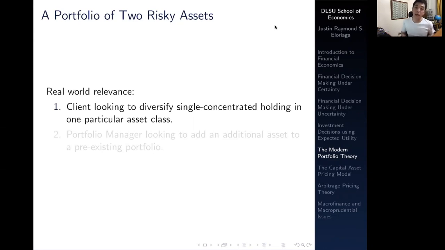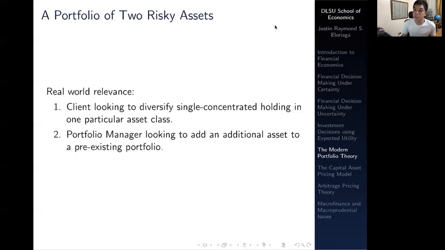Of course, there are portfolios out there that are comprised of just a single class of asset, maybe like technology stocks or oil and gas, natural resources, commodities, and so on. And there may be clients or investors who would be willing to add another holding and hedge against the risk of, say, one asset class bombing out for a year. So we have that sort of concept there.